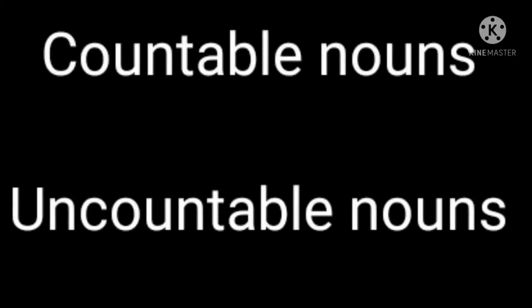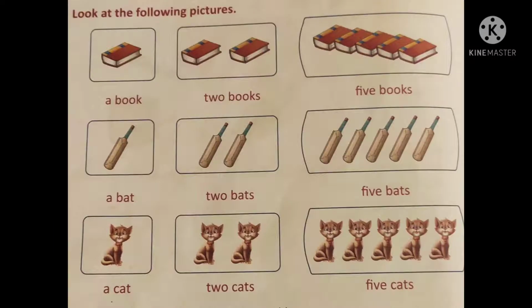The topic of today's session is countable and uncountable nouns. Children, look at the pictures. First one is a book. Next one, 2 books. Next one, 5 books. As you can see, there are various numbers of books in these pictures.